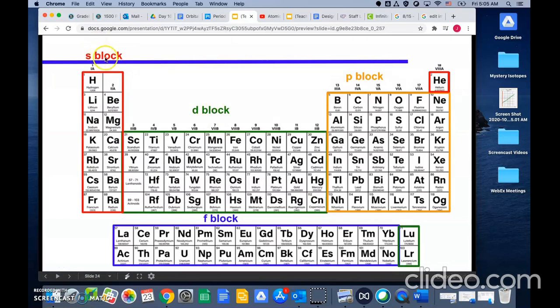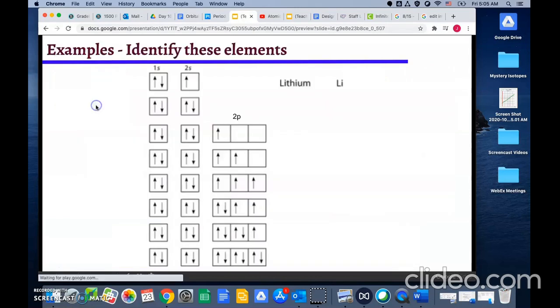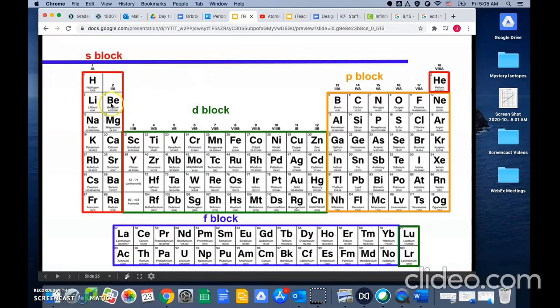We're going to look in the S block, in the 2s block, so 2 is the second row. We're going to look for 2s1, so what's the first element in the s block? That's lithium. So this is the orbital diagram for lithium. Well, what if there were 2 electrons in the s block? So then 1, 2, that would get us to beryllium.